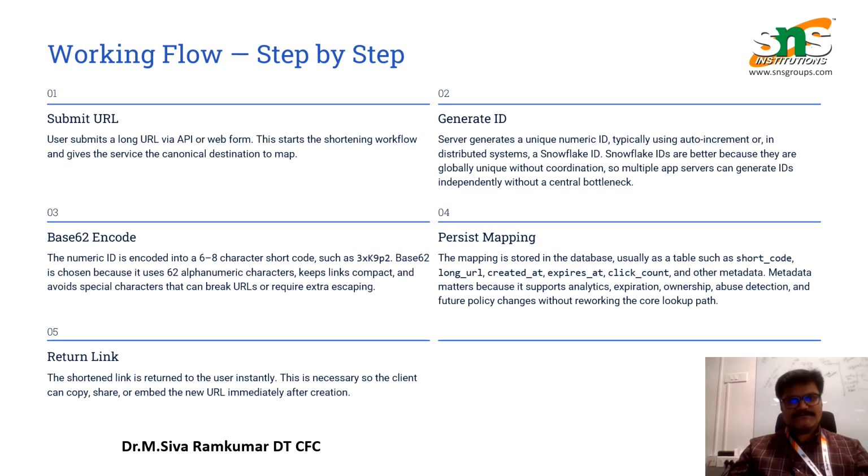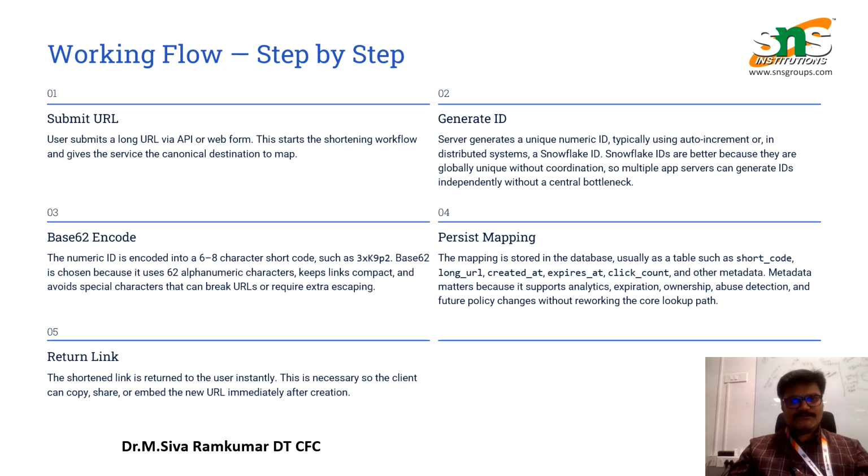Let's see how the complete system works. First, the user submits a long URL. The server generates a unique numeric ID using auto increment or Snowflake ID. Next, the ID is converted into a short alphanumeric code using base 62 encoding. The mapping between the short code and the original URL is stored permanently in the database.